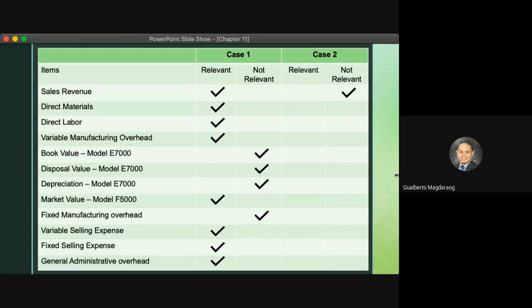The direct materials, as mentioned in the case, will change because there will be savings in the materials. Since the machine is new, there's not much waste, so we will save. If before you used 10 raw materials, now it's only 8, so you have savings, there is a change. So therefore, it is a relevant cost.